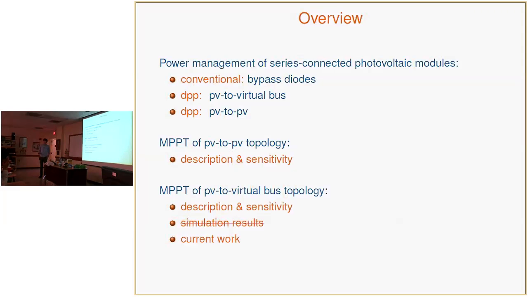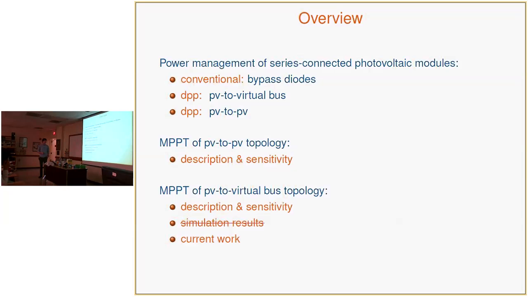Right. So in order to motivate the discussion of this topology that I've been working on, I want to talk about something that I think the majority of you are familiar with, which is just the implementation of using bypass diodes. That's just a conventional PV system. And then segue from there into the topology that I've been working on and talk about power flow in that system, and then talk about power flow in the system that Shiben, as well as a few others, have been working on, which is the PV to PV topology.